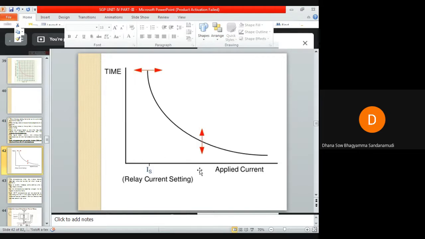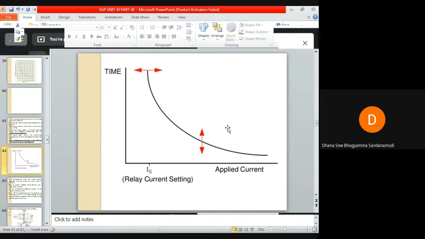Up to this margin, the time and current have an inverse characteristic, meaning as the fault current is increasing, the time of operation of the relay is reducing. But after this margin, as the current is increased further, the time of operation is fixed. So it requires some definite time for the relay to operate.